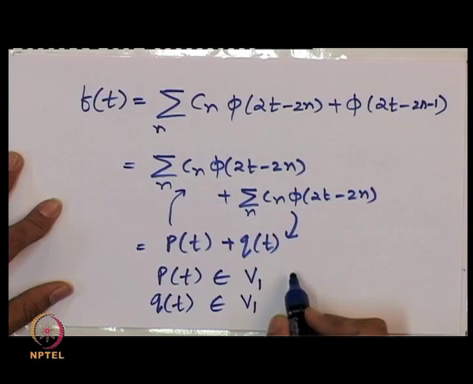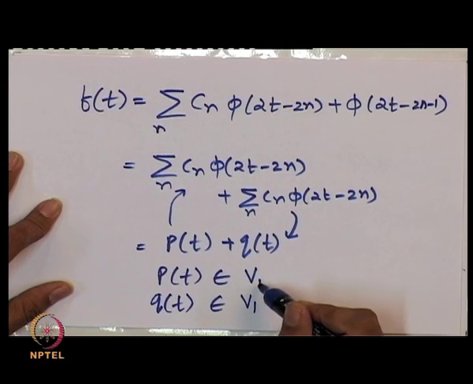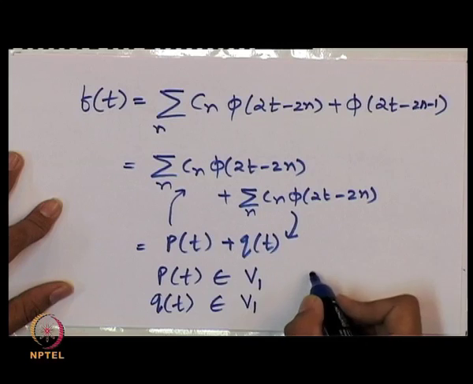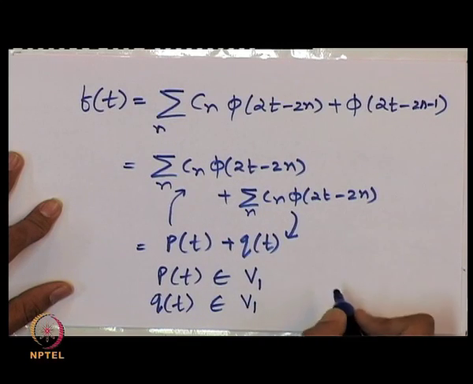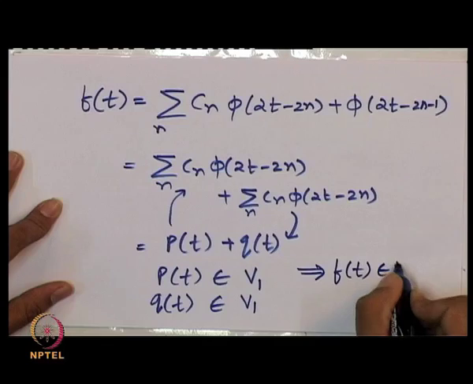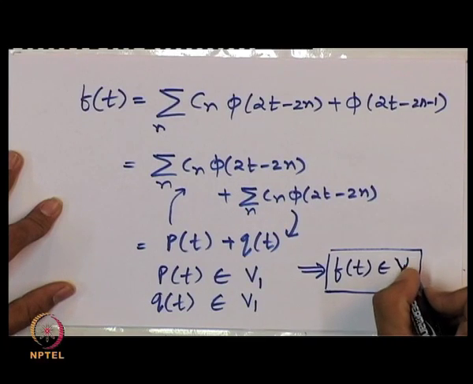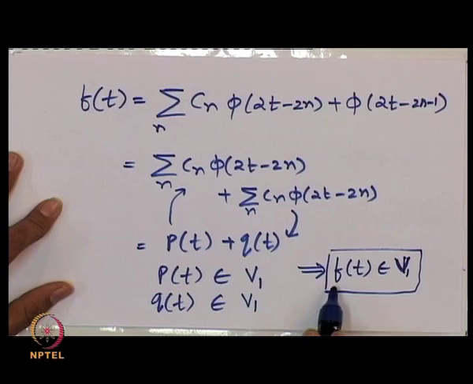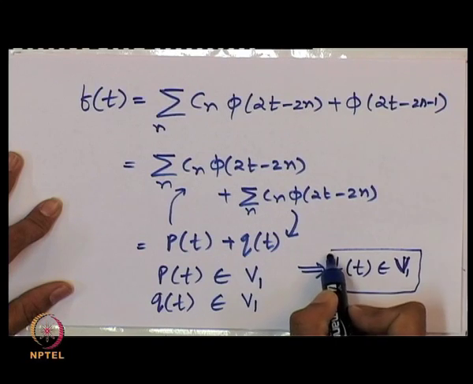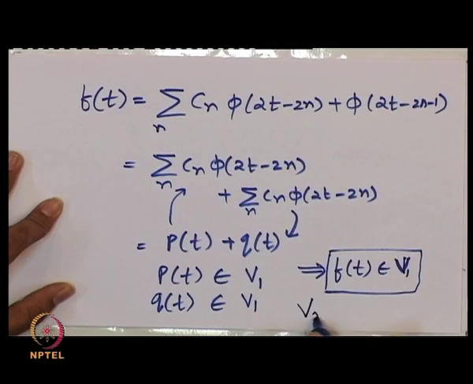Now since f t is a linear combination of two functions which belong to V1, f t belongs to V1. Here we proved that we take a function f t that belongs to V0, and analytically we proved that f t also belongs to V1. Hence we can say that V0 is a subspace of V1.